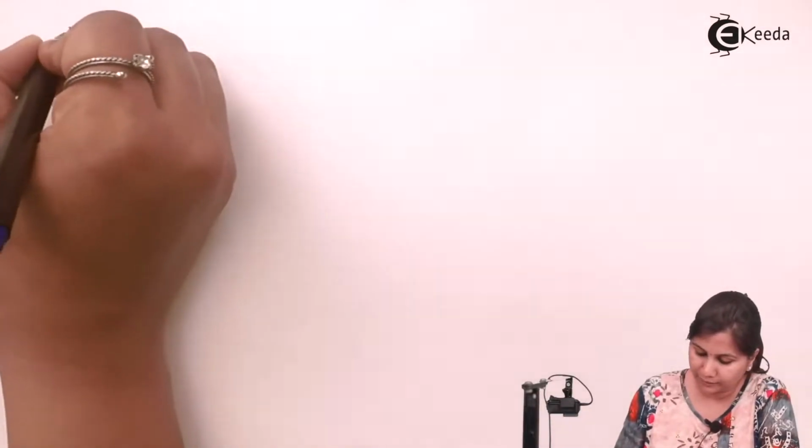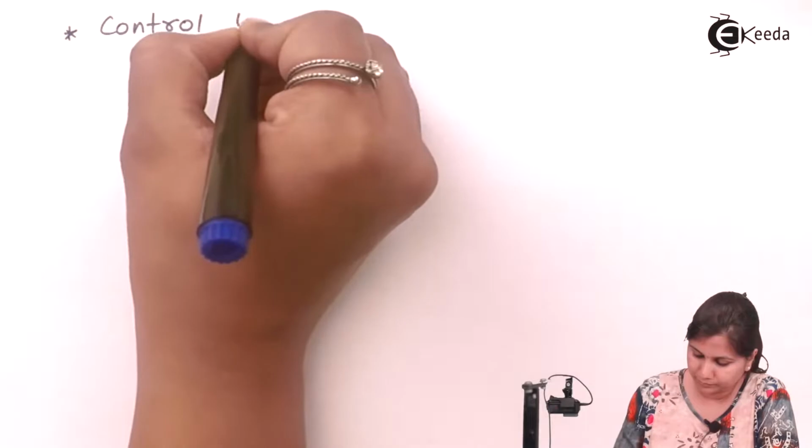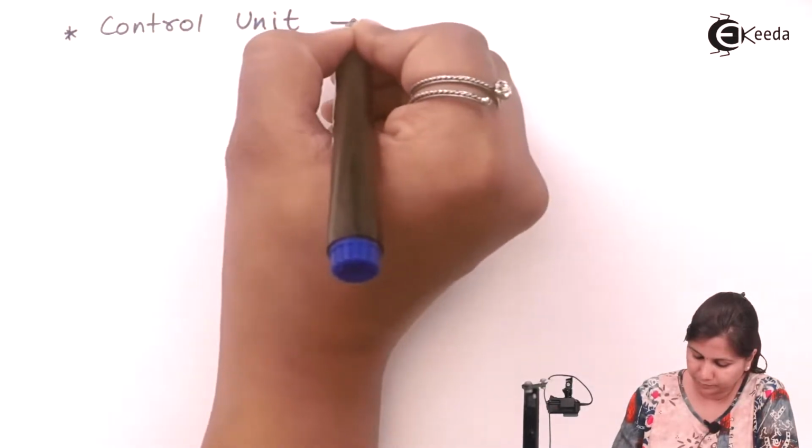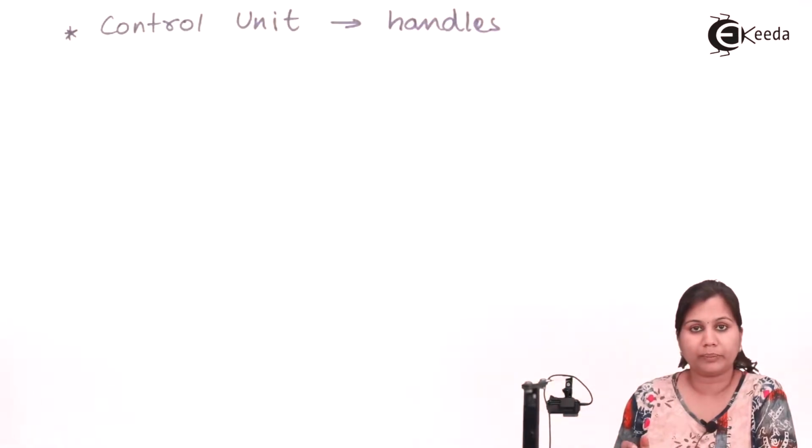So if we talk about the functions of the control unit and numeric extension unit, the control unit handles all the communication between the processor and the microprocessor.